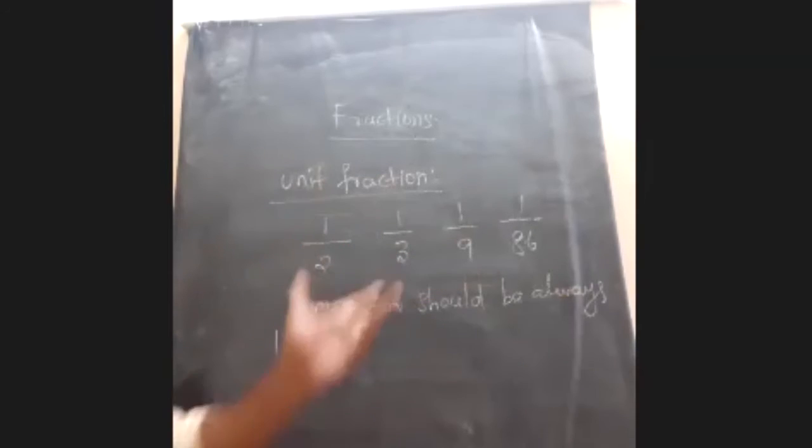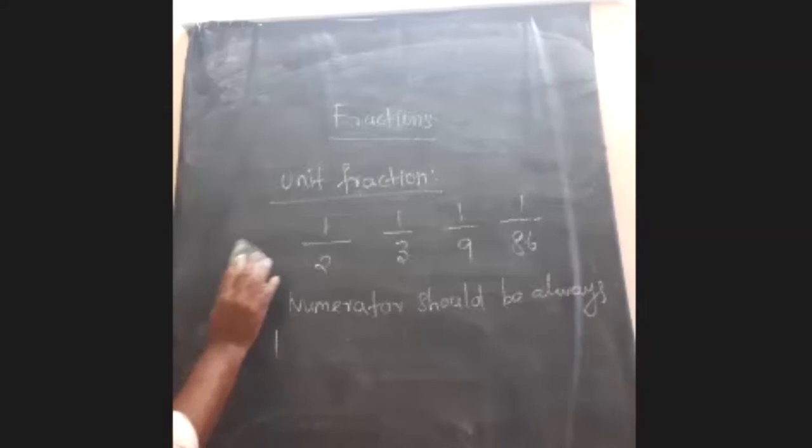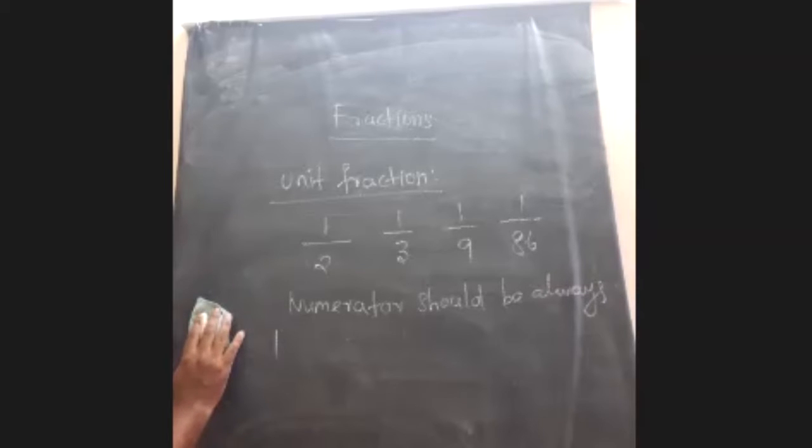The denominator can be any number: 2, 3, 9, 86, 1845, etc. So this is the meaning of unit fraction. Hope you copied this. Let me rub the board.